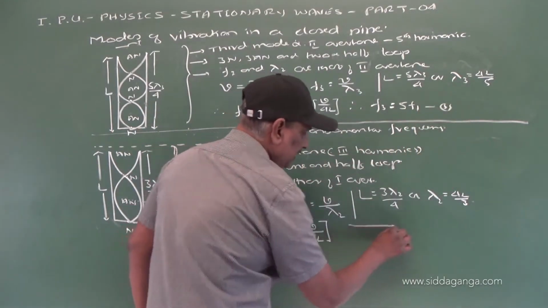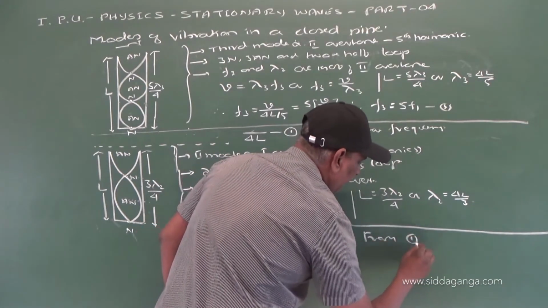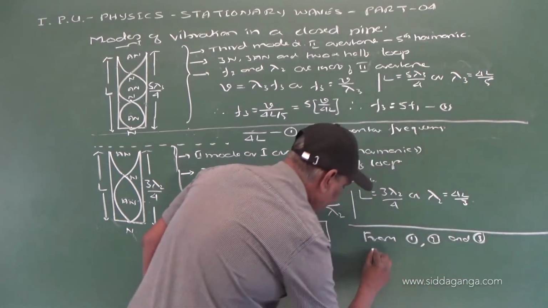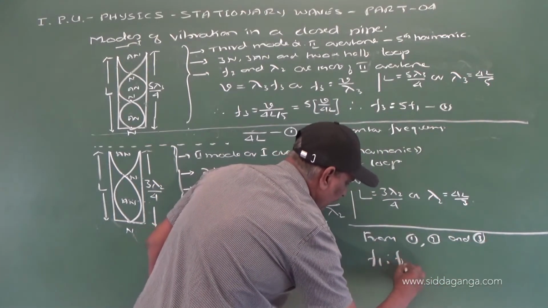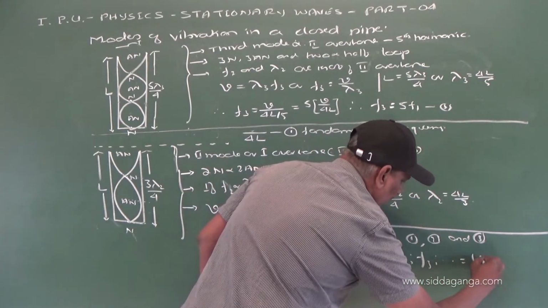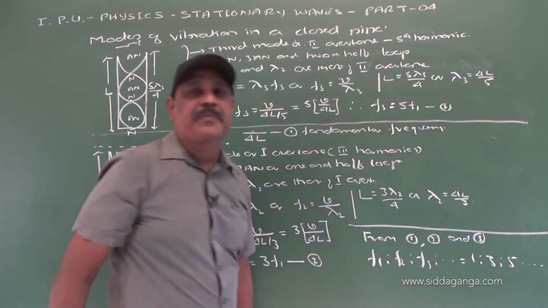From equations 1, 2 and 3, we get F1 is to F2 is to F3 is to etc. is equal to 1 is to 3 is to 5 is to etc. Right?